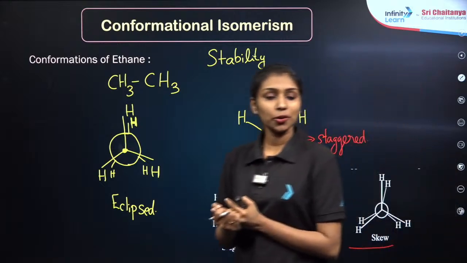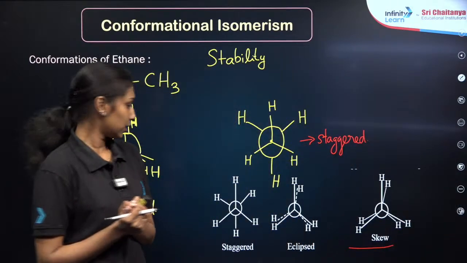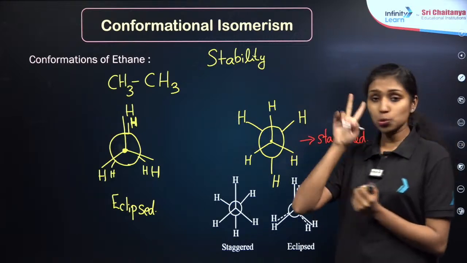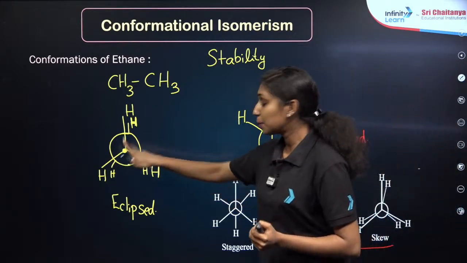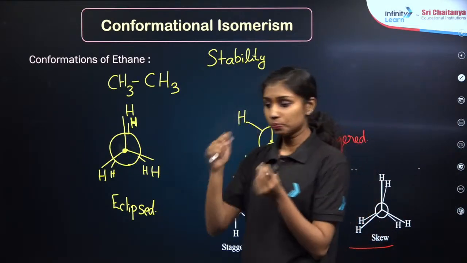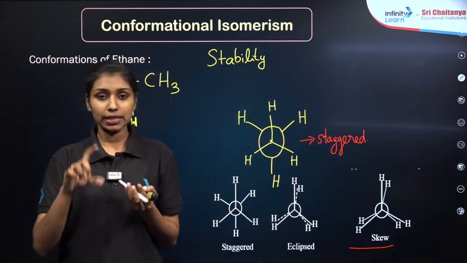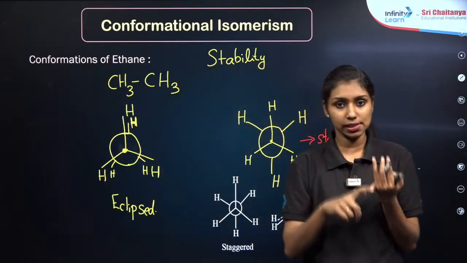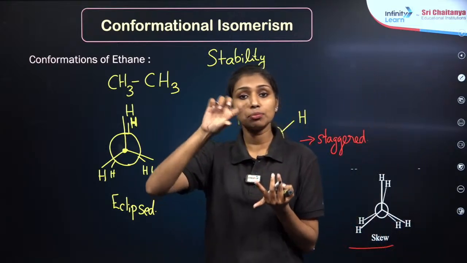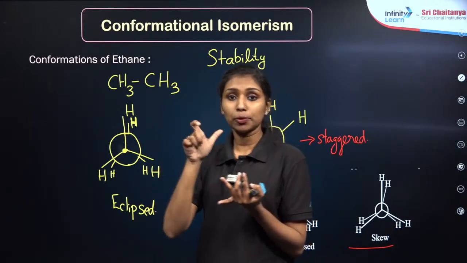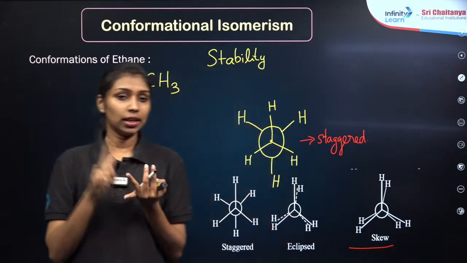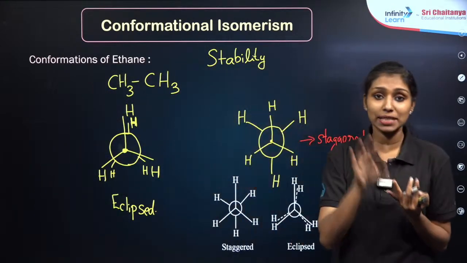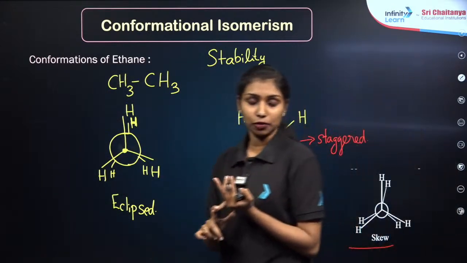Okay, which point do you want me to repeat? Skew conformation. We have already seen that there are two conformations. First carbon I am keeping like this. Now I am rotating the second carbon. While rotating through each angle, for example 60 degrees, 120 degrees, I will get more conformations, more types of spatial arrangement of the hydrogen atoms. So I will get different types of isomers in between eclipsed and staggered conformation.